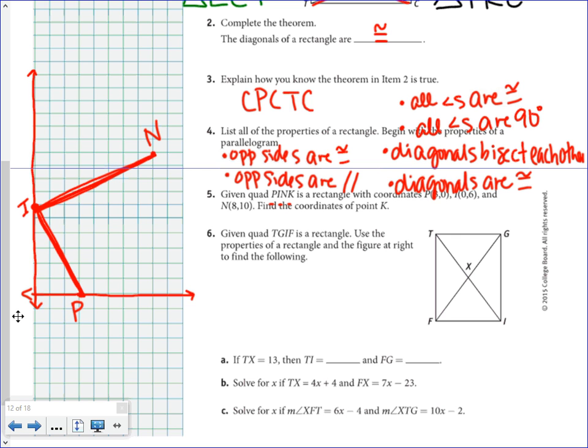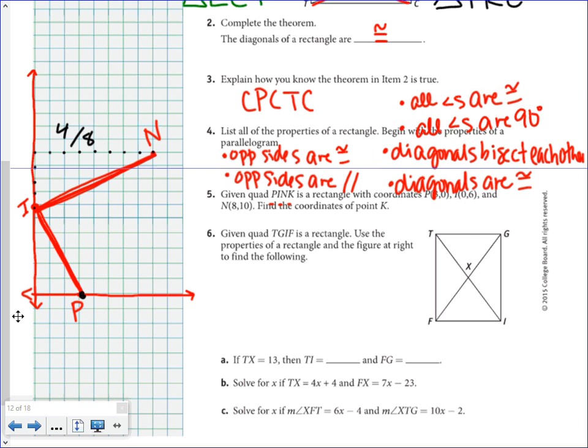So one way to do this is just to look at your slope from I to N. If you count your slope from I to N, you're going to go up 4 and to the right 8, which will reduce, but we don't want to reduce it. We want to leave it as that. So we're going to look at P and do the same slope.